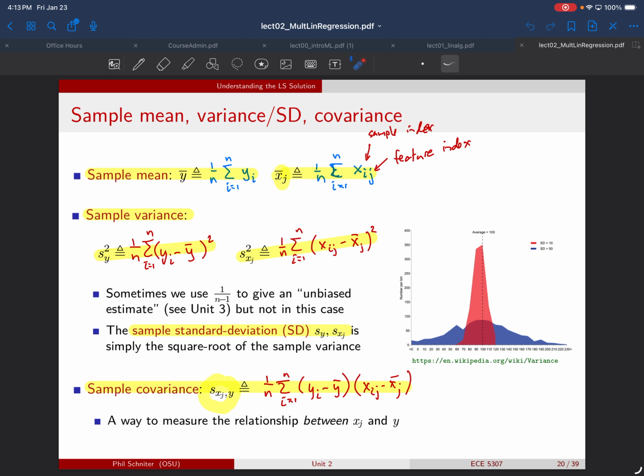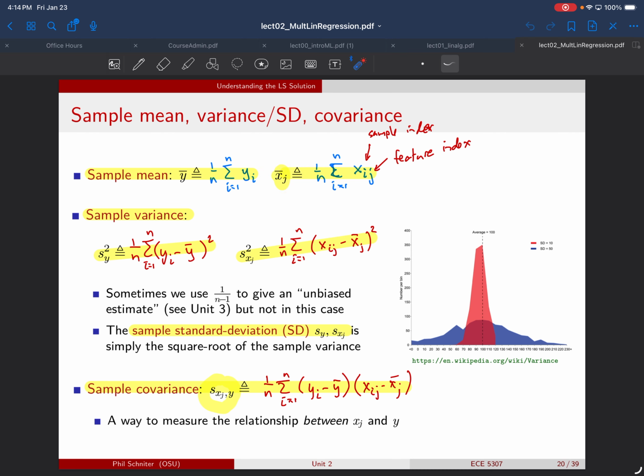That's the same average that you've seen many times in your lives. You can do the same thing with the features. Here we're looking at the jth feature, and the index i runs over the different training examples of the jth feature. We average over those indices i, and we get the average of the jth training feature, the sample mean.